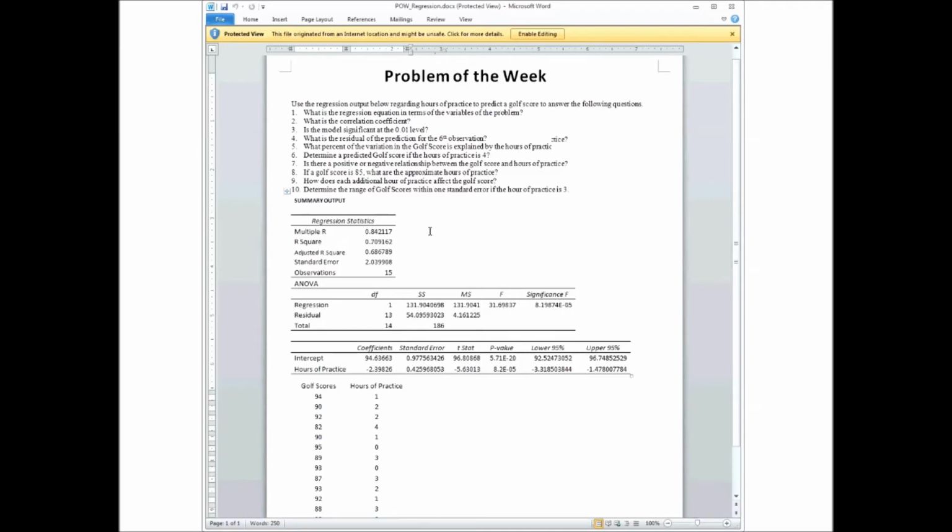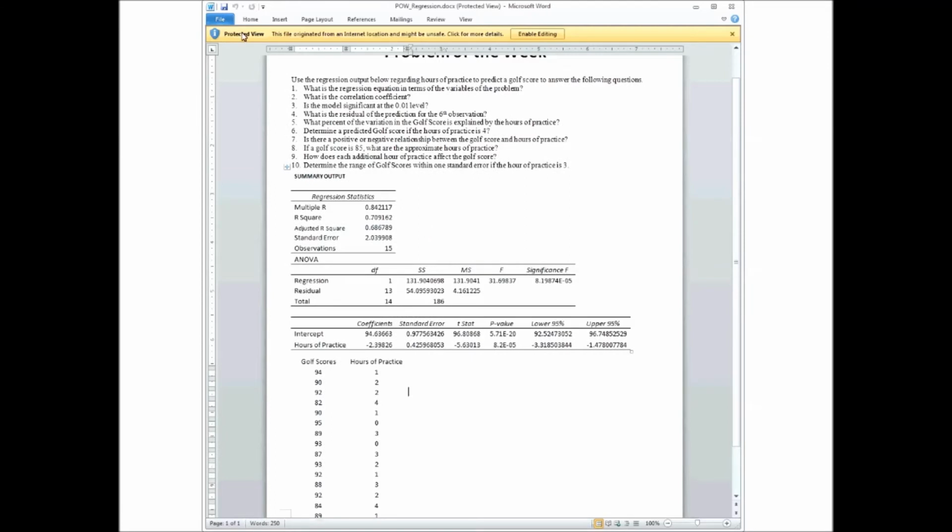The very first thing they will generally ask is, what is the regression equation in terms of the variables of the problem? Pretty simple. They're asking, what is your linear regression equation? Where do you get those numbers? Generally, the linear regression equation is written as y hat.